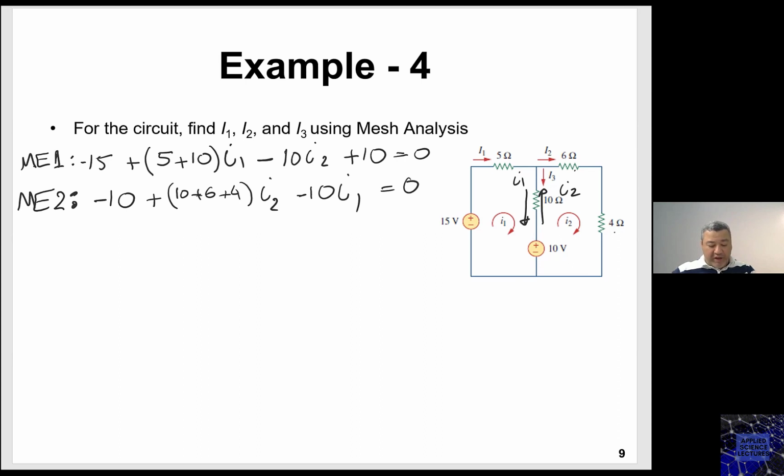Now, if you rearrange those two equations, this is 1, this is 2. From 1, we have here 15 I1 minus 10 I2 equals to 5.